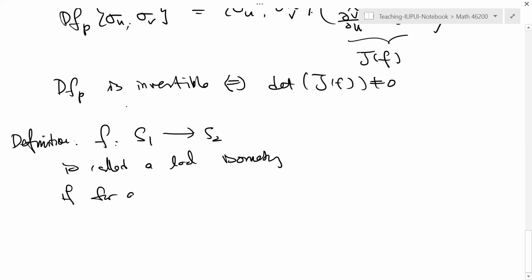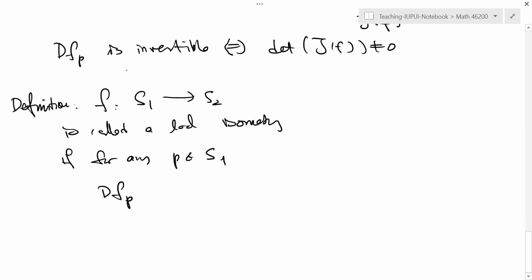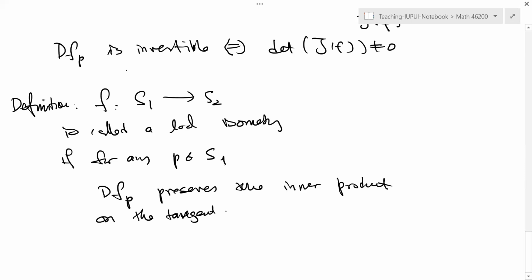If for any point P in S1, dF_P preserves the inner product on the tangent plane.